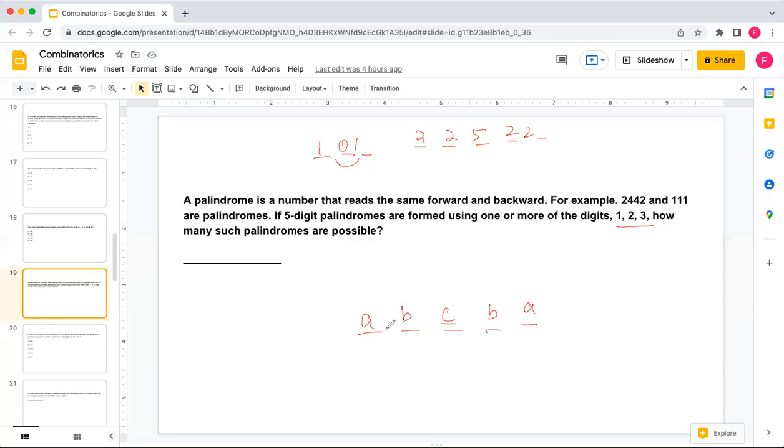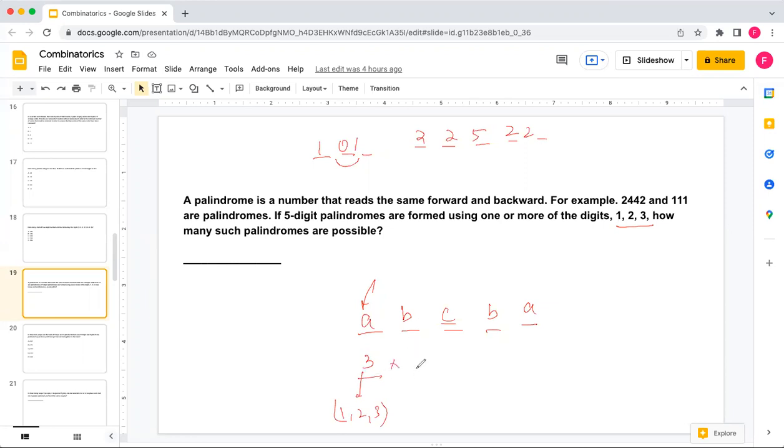Okay, so for the first position, how many values can we choose? That is 3: 1, 2, or 3. We can choose 3 values.